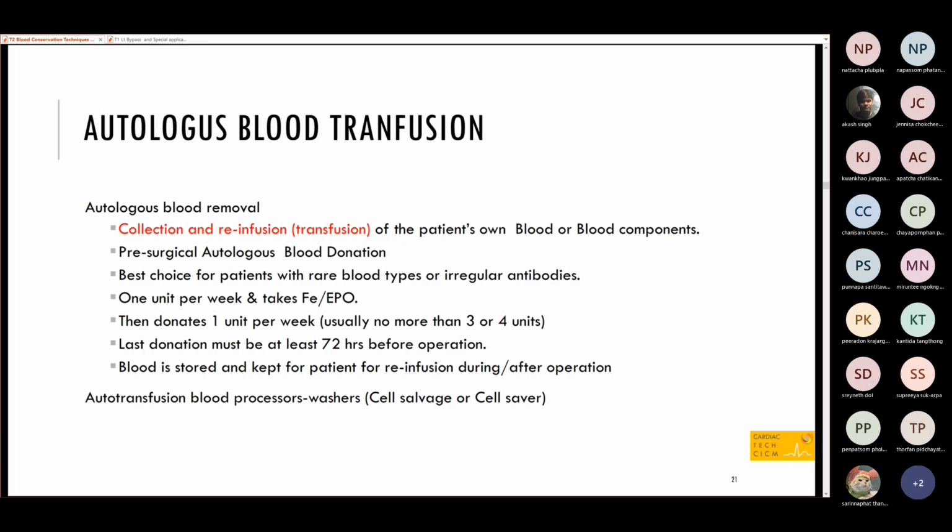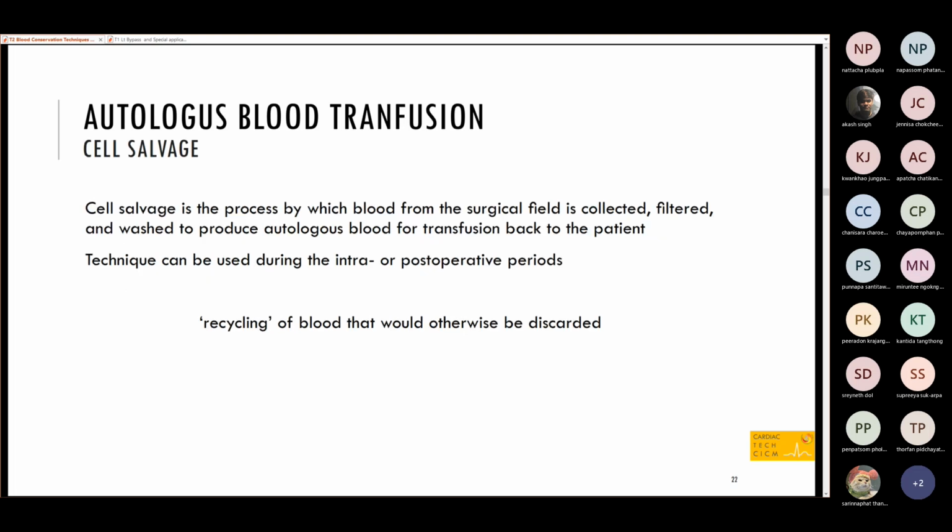So it can be said the cell saver is a process to recycle the blood and give it to the patient. Here is the definition of cell saver: recycling the blood that would otherwise be discarded.